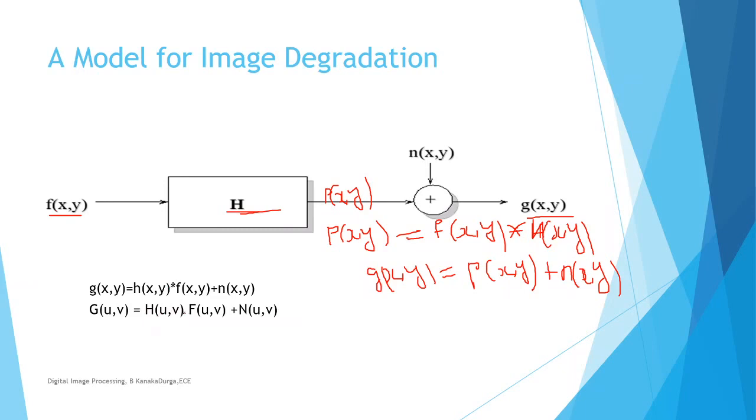Convolution changes to multiplication in the frequency domain. So G of u comma v is equal to H of u comma v multiplied with F of u comma v plus N of u comma v. These two equations we have to remember for deriving the mathematical equation for inverse filtering.